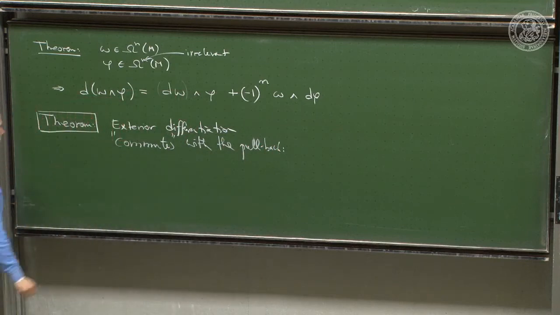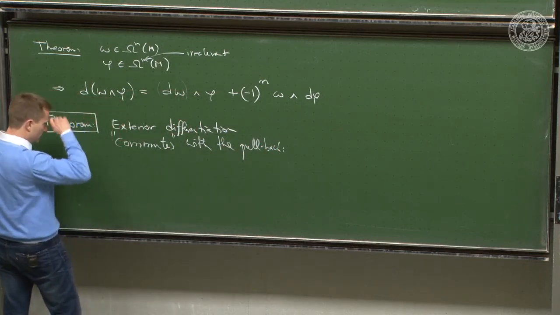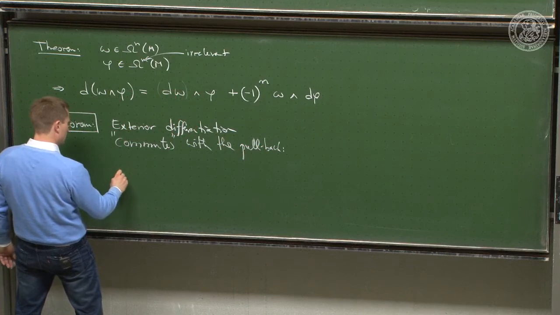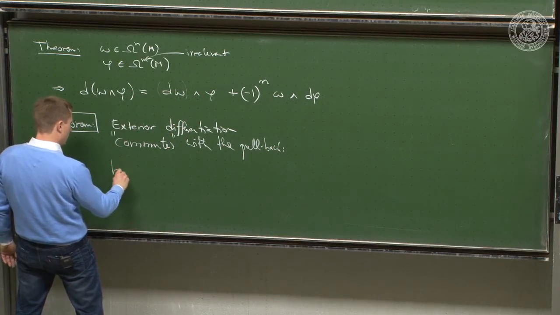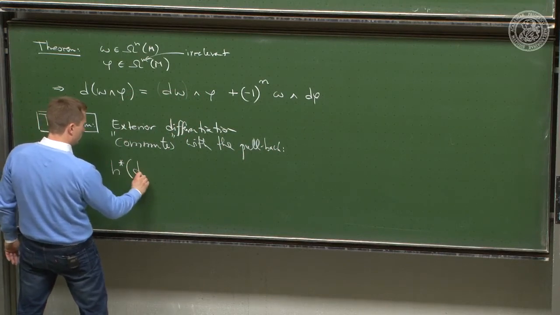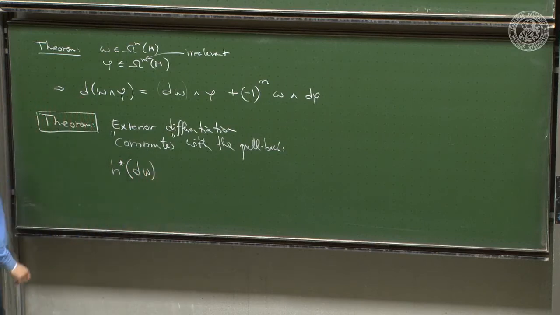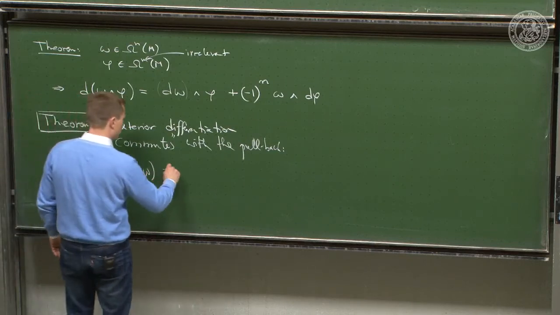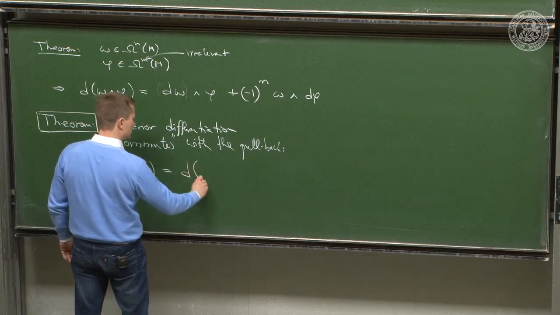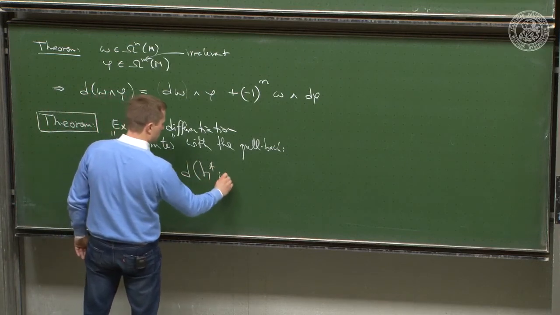How does that look like? Well, you take the pullback of some exterior derivative. And it's in fact true that that is the exterior derivative of the pullback.